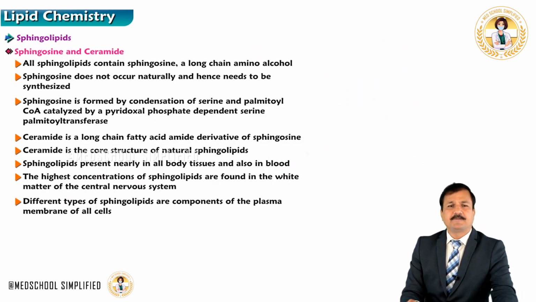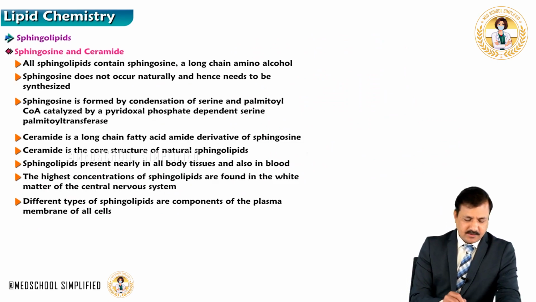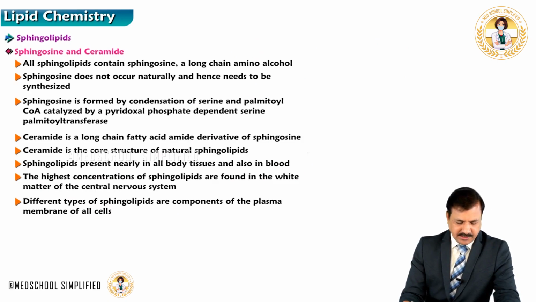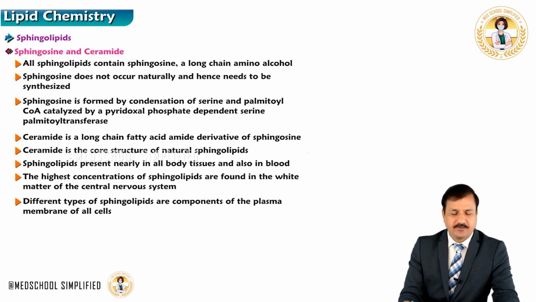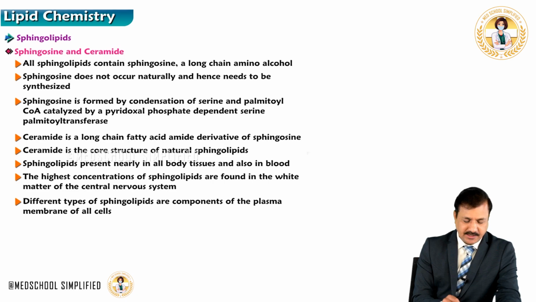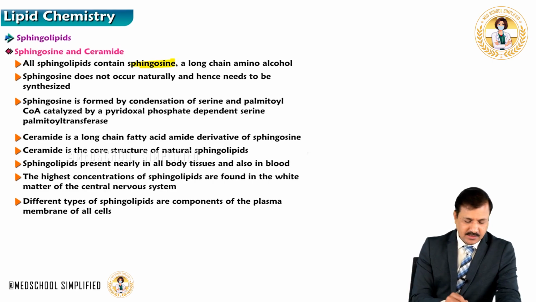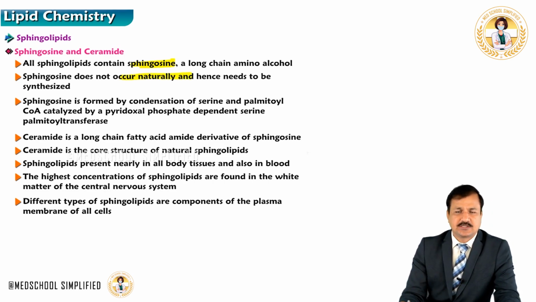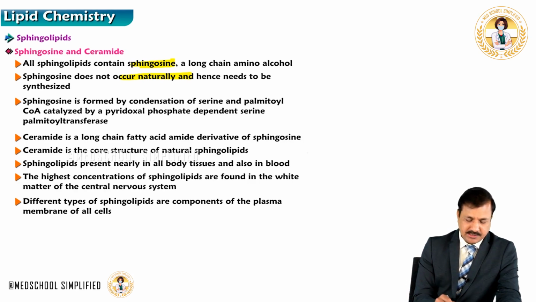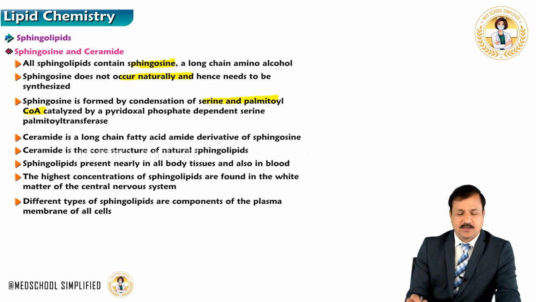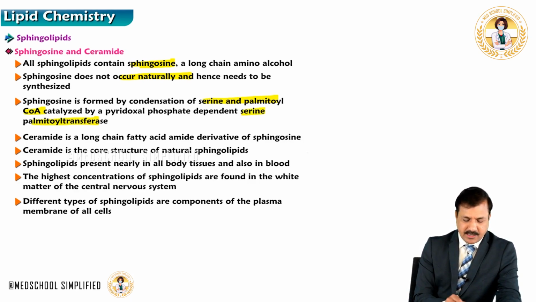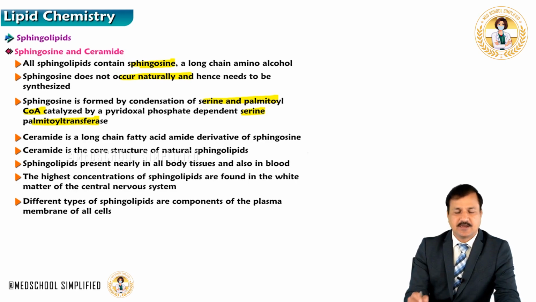So in this slide, I am explaining a little more information on what I have said before. All sphingolipids contain a sphingosine, a long chain amino alcohol. Sphingosine does not occur naturally, hence it needs to be synthesized. Sphingosine is formed from condensation of serine with palmityl-CoA done by the enzyme serine palmityl transferase, and that enzyme needs pyridoxal phosphate.